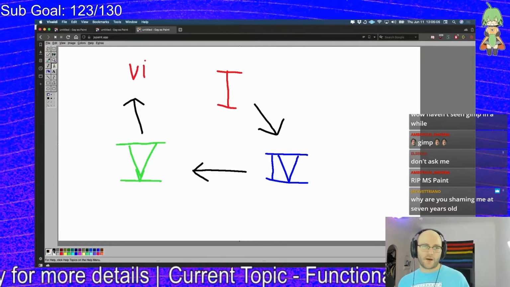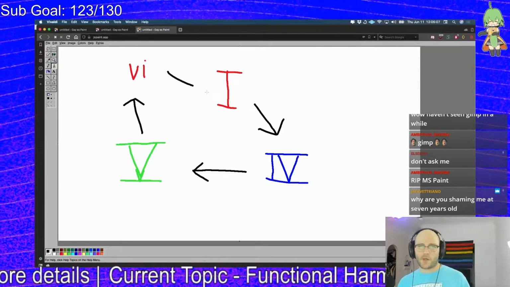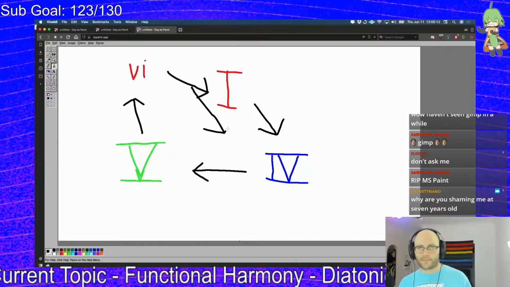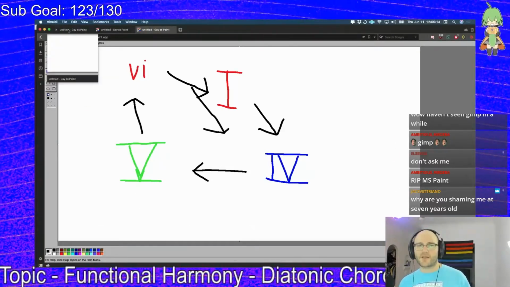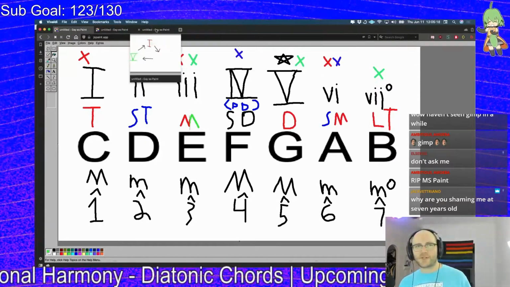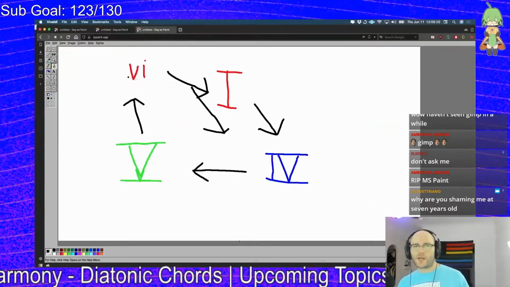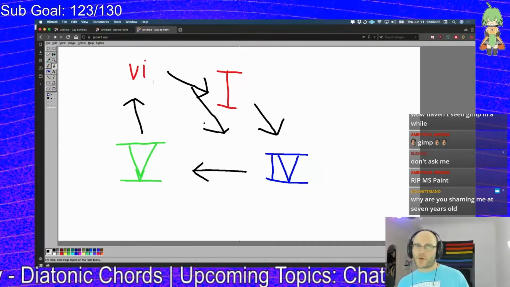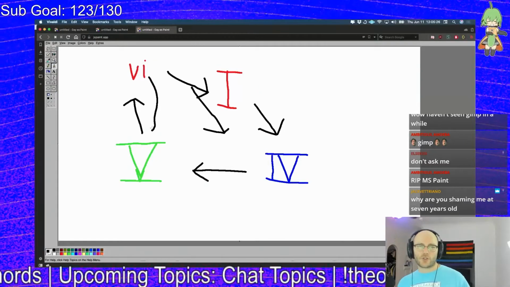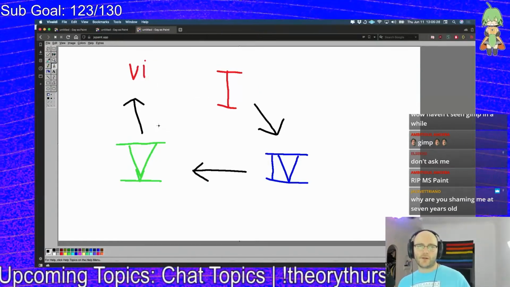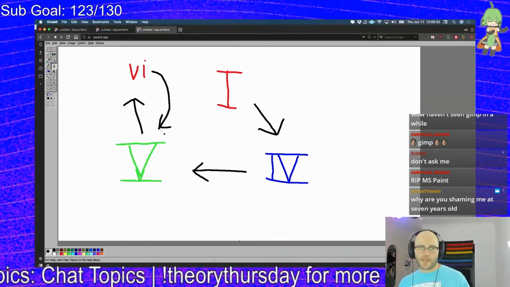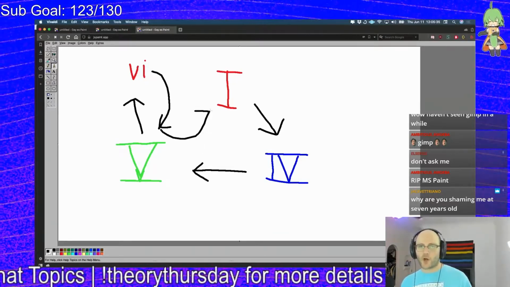And we go from there back somewhere into here or offshoot down here. Because remember, the 6 is also a predominant chord. It substitutes. So these two can actually sort of blend into each other. You could even go right back to the 5 chord and then return home.